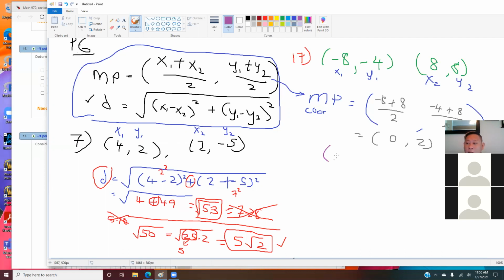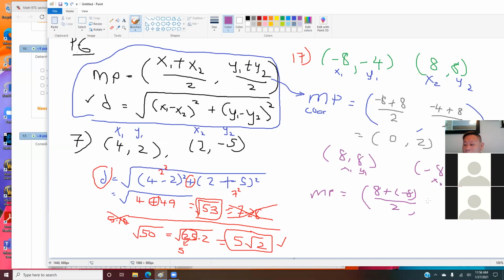If, let's say, I switch them around, 8, 8, and -8, -4. So this is x1, this is y1, x2, y2. You still get the same answer. So if a question is asking you to find the midpoint, you will take this 8 plus -8 divided by 2.